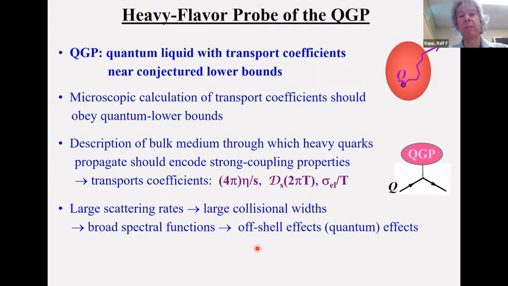And it's these broad spectral functions which encode the off-shell or quantum effects. So that, I think, is the main connection here for us. And in the following, as I go through our particular approach, I will try to highlight where they come in and make us all a little aware of what we mean when we say quantum liquid.